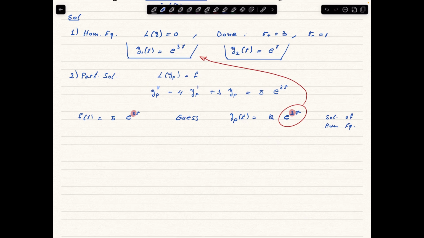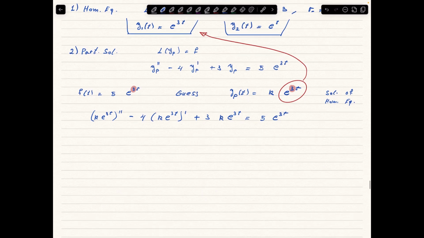We need to compute k exponential 3t double prime minus 4 k exponential 3t prime plus 3 k exponential 3t, and all that has to be equal to 5 exponential 3t. The exponential has to cancel because that's why we chose that exponential.